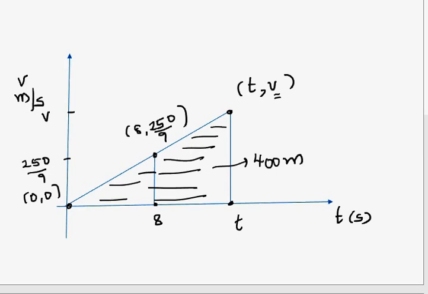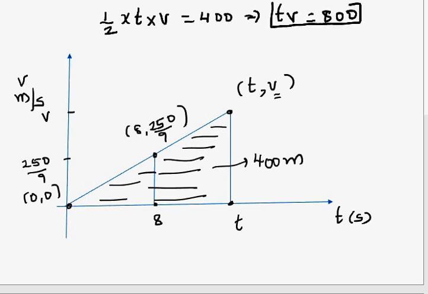So we can say half times t times v is 400. Multiplying both sides by 2, t times v is 800. Now if you look at these two similar triangles, the gradient of this line is the same, so we can use similar triangles.